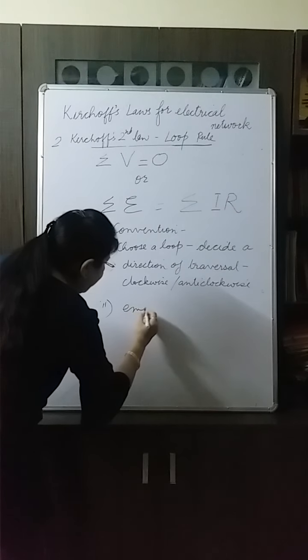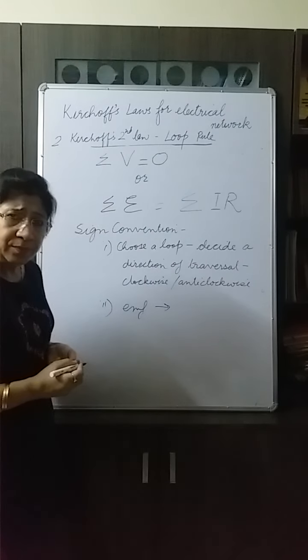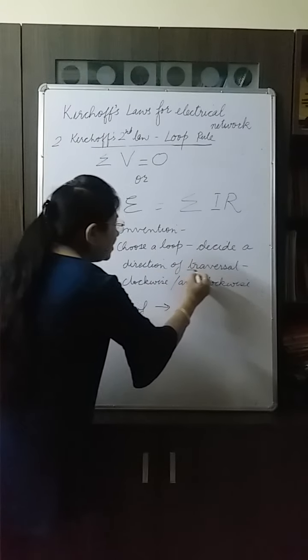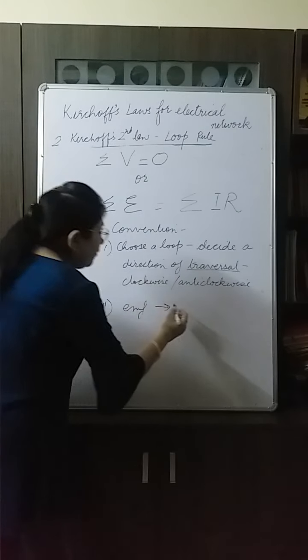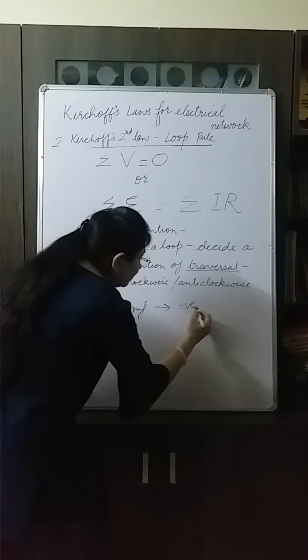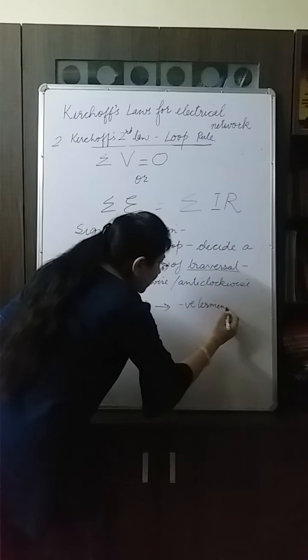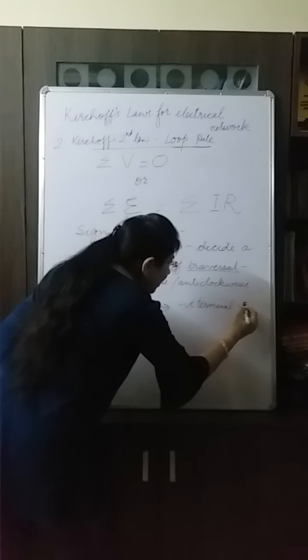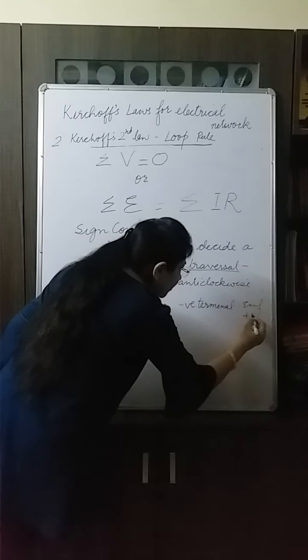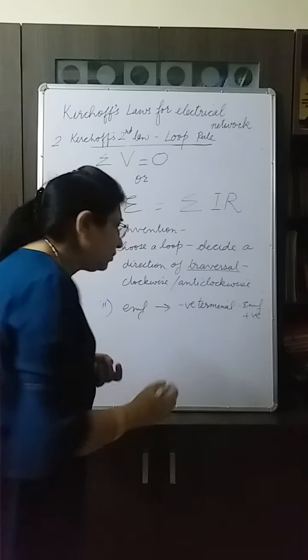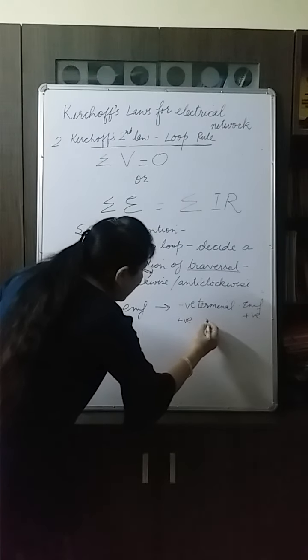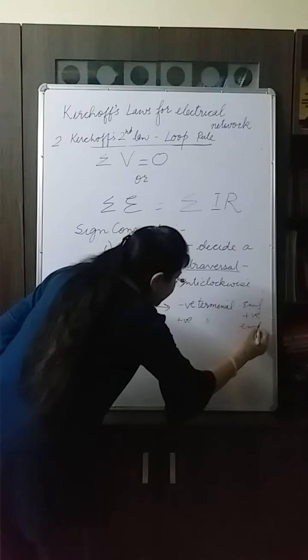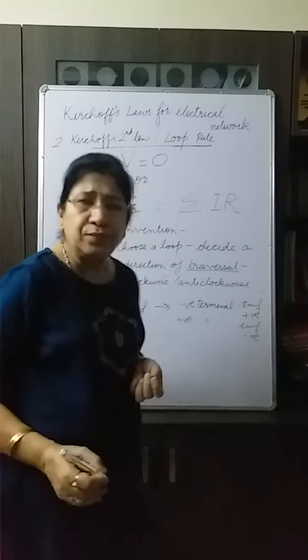So for EMFs, moving along this traversal direction, if you encounter the negative terminal, then the EMF is taken as positive. And if you encounter the positive terminal of the battery, then the EMF is taken to be negative.